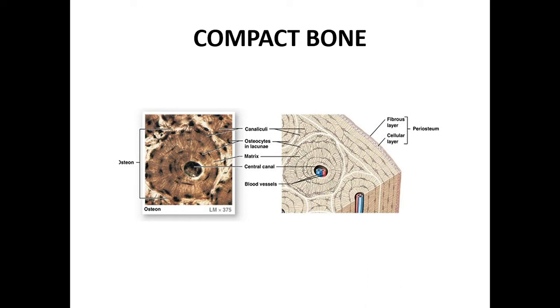Now, the central canal or Haversian canal is composed of blood vessels, both the arteries and the veins, and of course, lymphatic vessels are also found in these areas. The main purpose of the vessels, especially the blood vessels, is to give nourishment to the bone cells. The arteries especially will supply blood to the bone cells of the osteon.